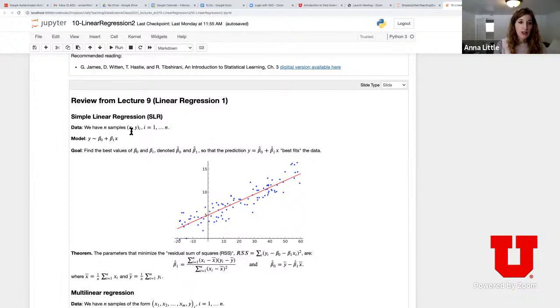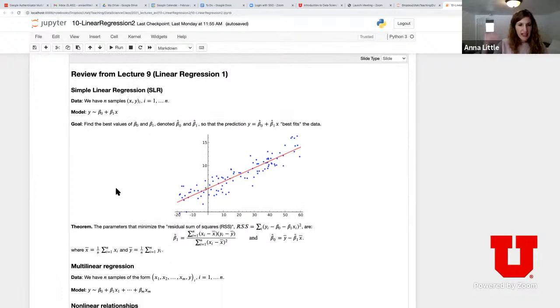And Y is the response variable, and we want to model a linear relationship where we're predicting Y as a linear function of X. Okay, and so as we saw, a lot of times data doesn't perfectly fit a line, but we defined a way to measure the goodness of fit of a line through data, and then that least squares idea of best fit, we defined optimal parameters beta 0 hat, the best intercept, and beta 1 hat, the best slope that best fits the data in the least squares sense.